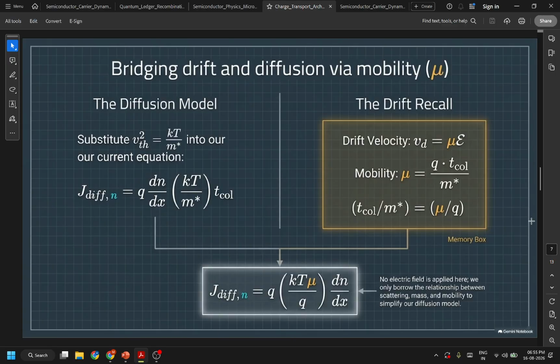And we recall that drift velocity is v_d equals mu E, and mobility is q tau_c by m*. So tau_c/m* is mu/q. If we place that here, our current density becomes q (kT mu/q) dn/dx. We must understand that no electric field is applied here. We are only borrowing the relationship between scattering, mass, and mobility to simplify a diffusion model.